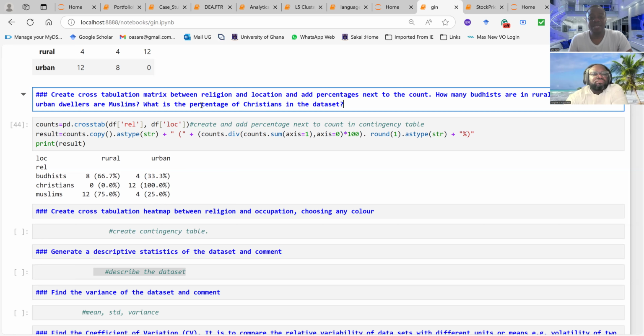But let's take it out and just say, what is the number? Maybe that will help. What's the number of shops that Christians buy from?